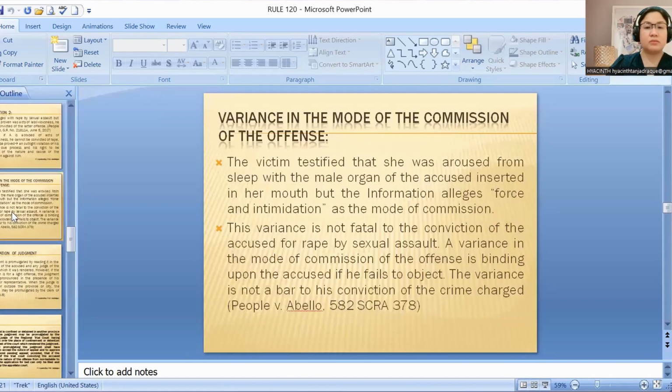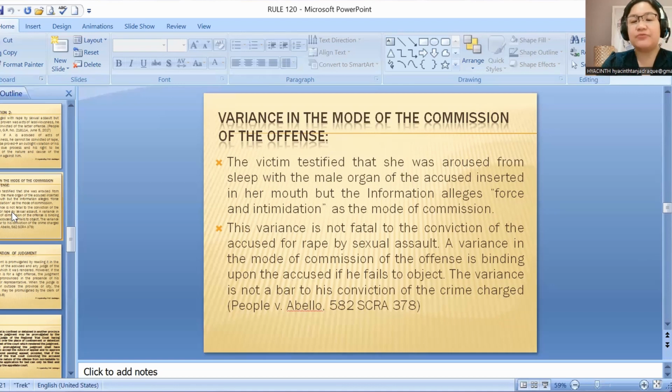Now, the variance that we had earlier is on the offense charged and the offense proved. Here, in this case, what we have is a variance in the mode of commission, meaning to say there is variance on how the act was committed.